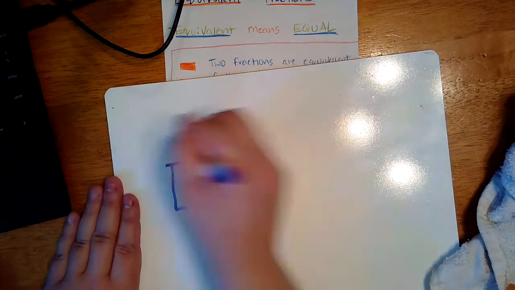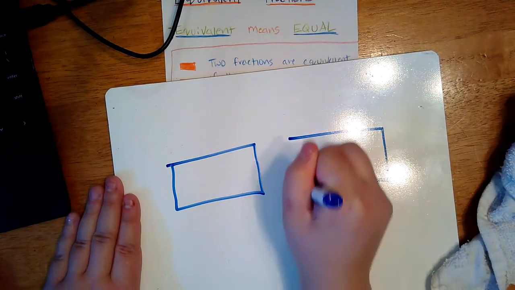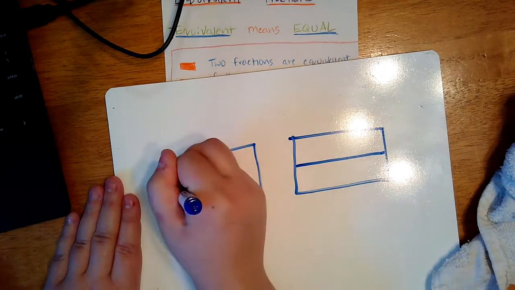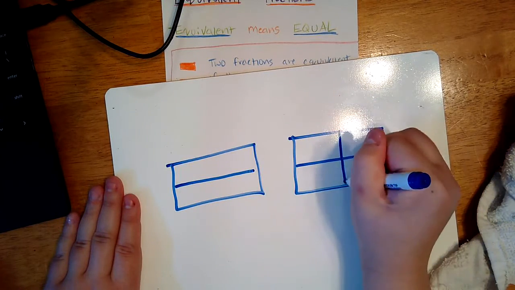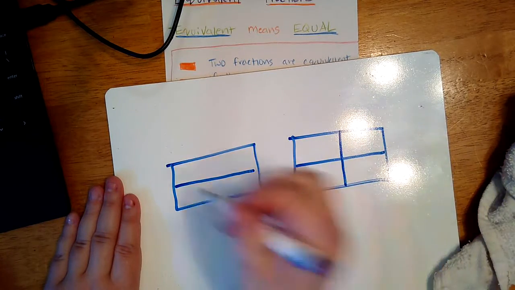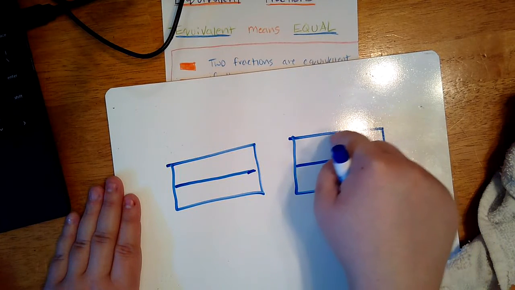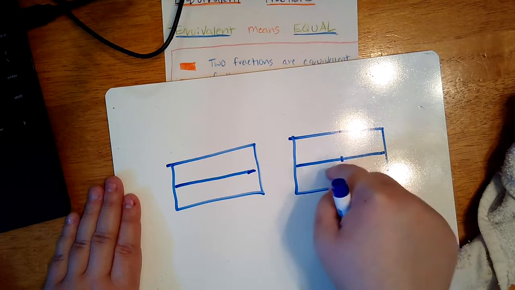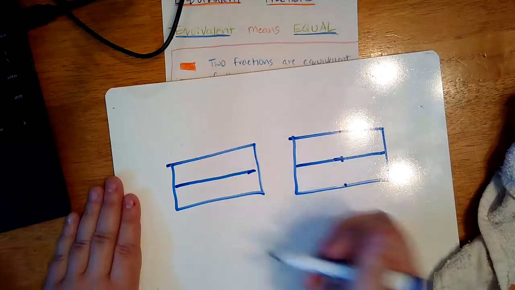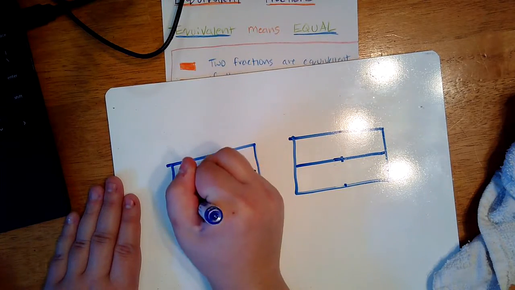So if here we're doing a rectangle, here's a rectangle like this, right? Let's do halves. Okay, there's halves.